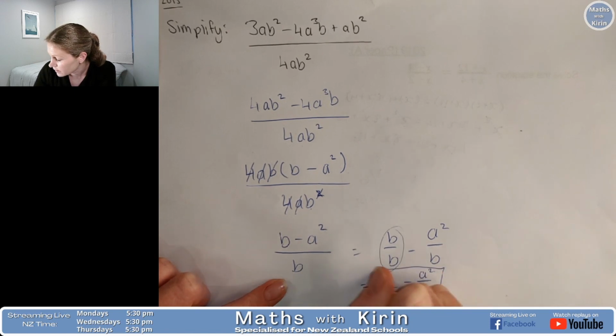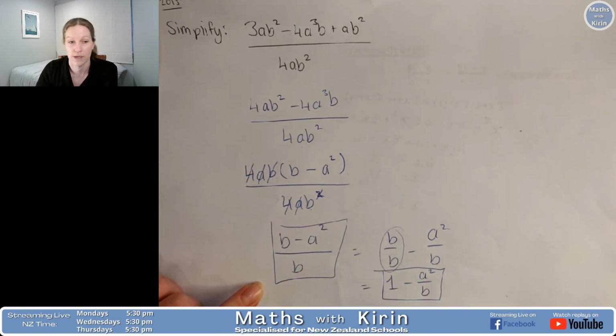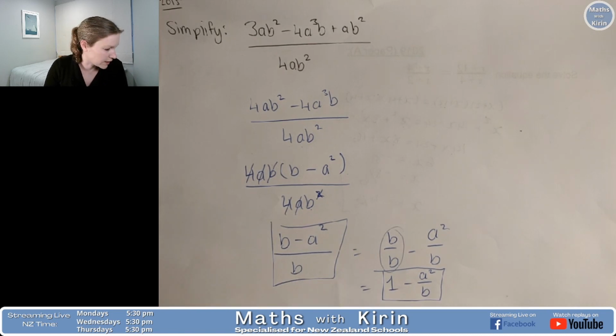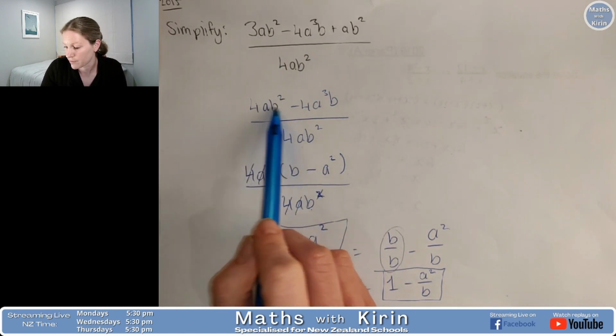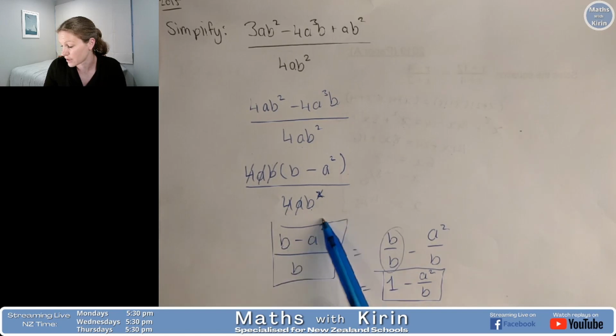This is an accepted answer, and this is also an accepted answer. So don't feel you need to go down to this. I would leave it like this. For that question, as I said, it came from the 2015 paper. If you could simplify or factorize the numerator, you get achieved. And if you can get either this fraction here or this one here, then that was worth merit in that particular paper.